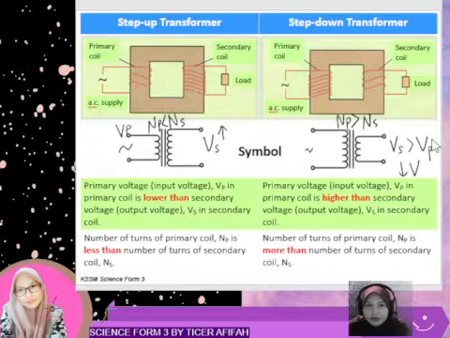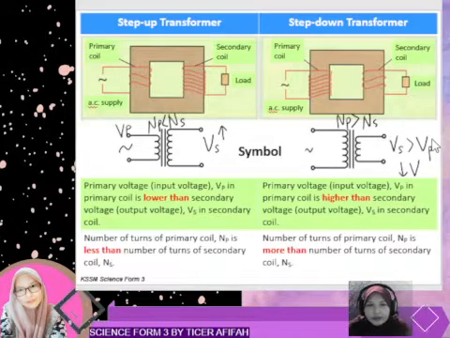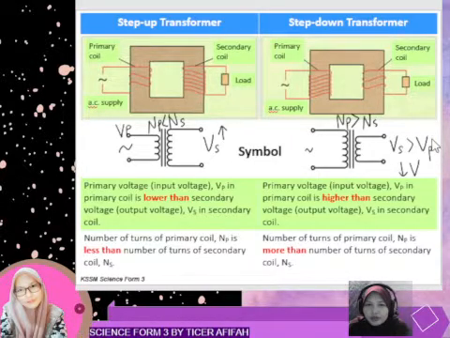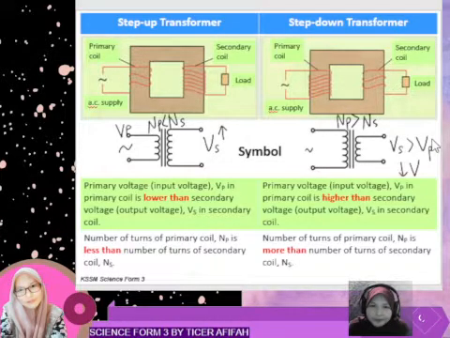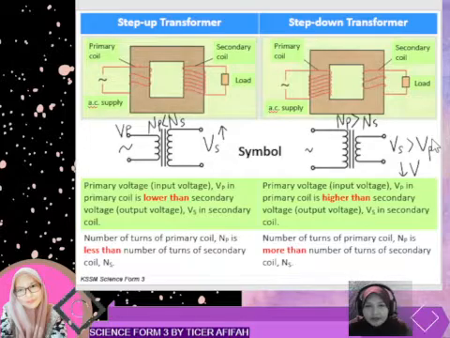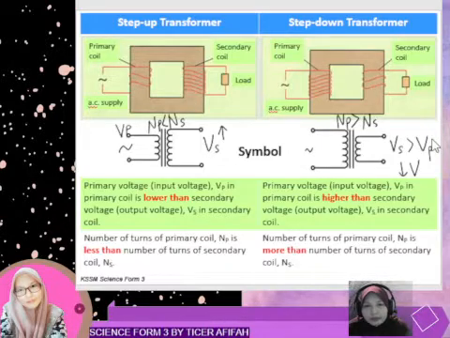Meanwhile, for the step down transformer, the same symbols are used also: NP, NS, VP, VS. So VP is always connected to the AC supply. Then we have the number of turns at the primary coil. You can look there, the number of turns at the primary coil is larger than the number of turns at the secondary coil.